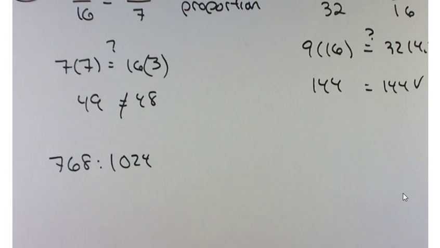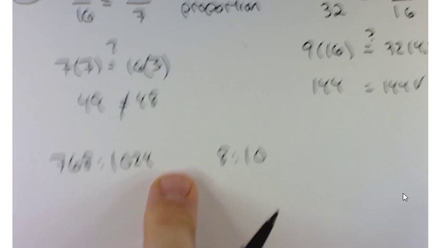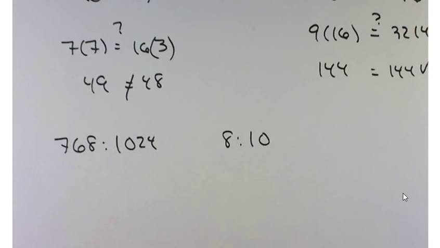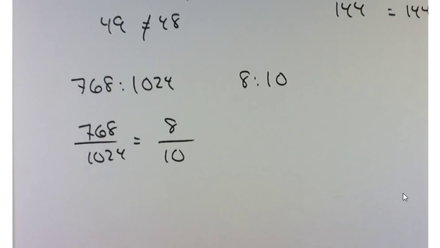What's a typical frame size? 8 by 10? All right, 8 by 10. So is this a proportion? Let's find out. 768 over 1024. Does that equal 8 over 10? In other words, if I blew this up, would it fit, or would I have to crop it somehow? It's a good question.